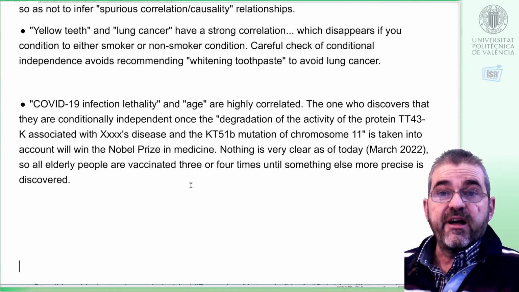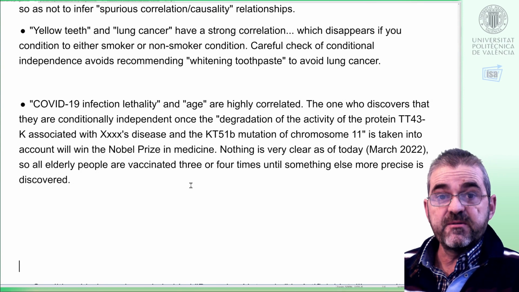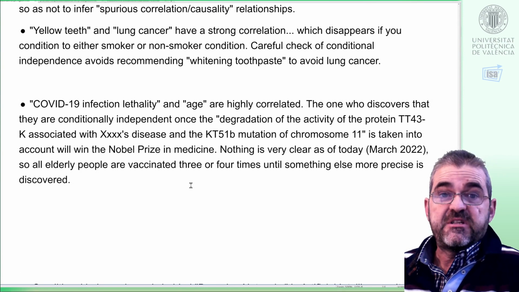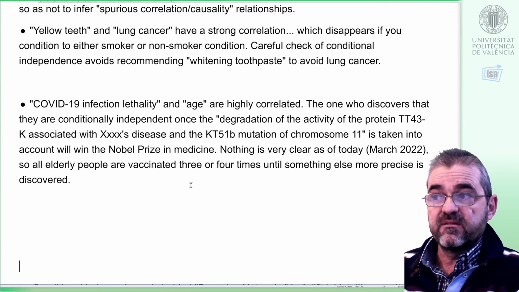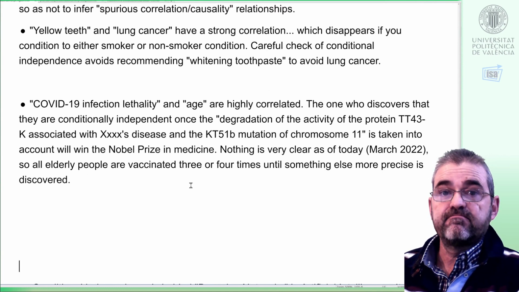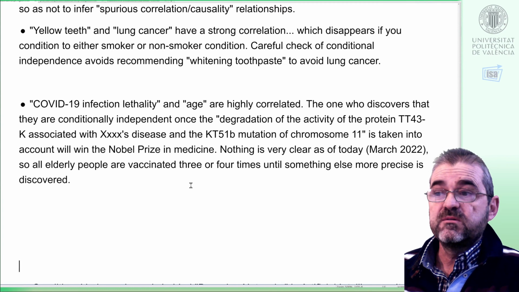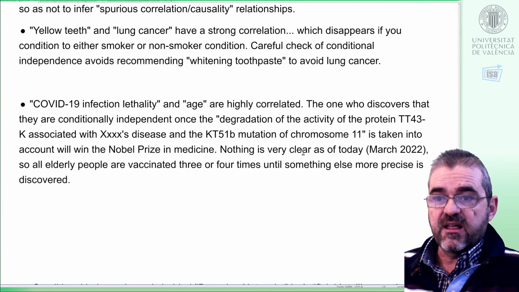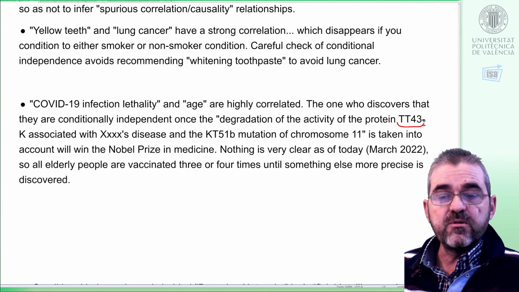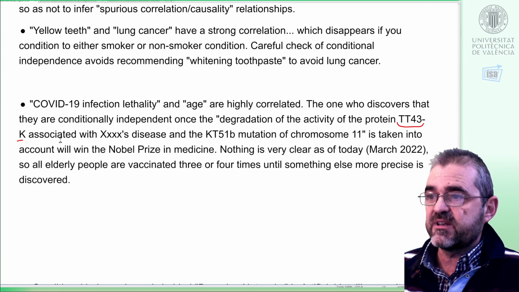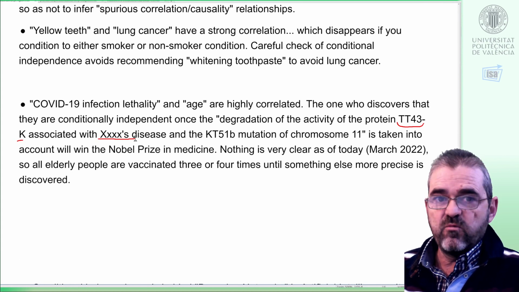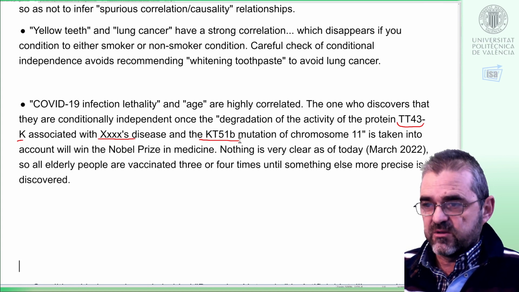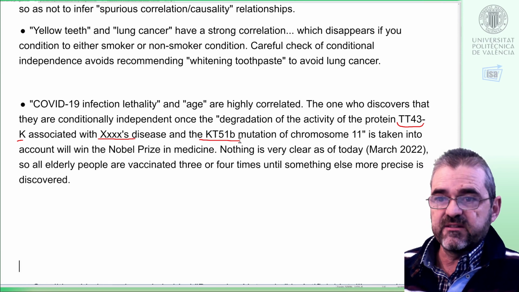So for instance, at the time of recording this video, we are at the end of the COVID-19 pandemic, and we see strong correlation between lethality and age. Of course, someone may discover that lethality is due to the degradation of a given protein associated with whatever syndrome and the mutation of a chromosome, whatever.